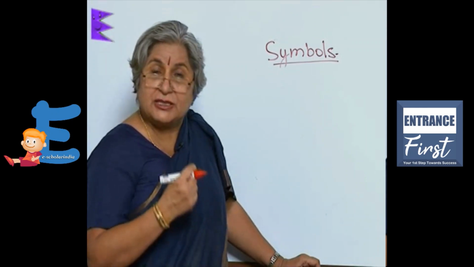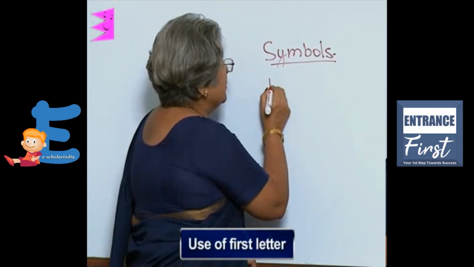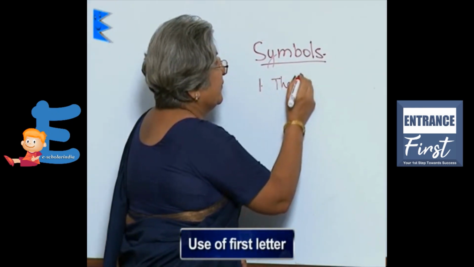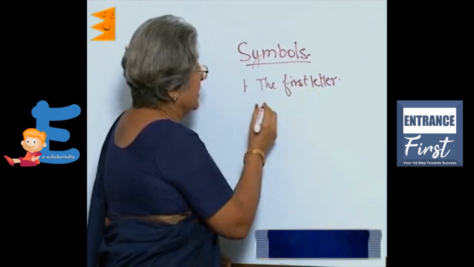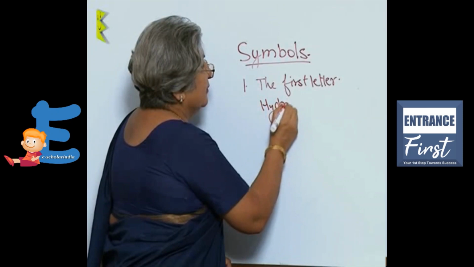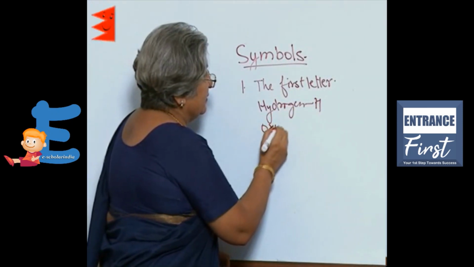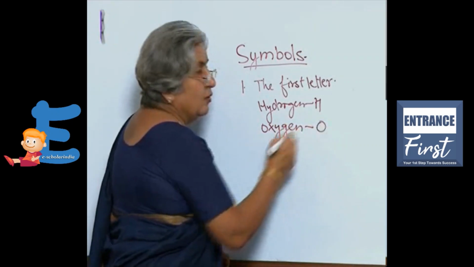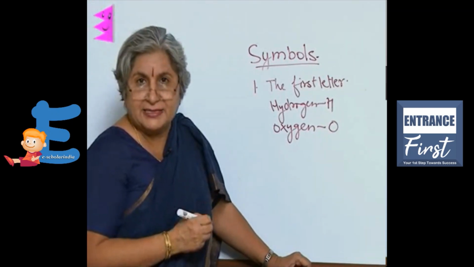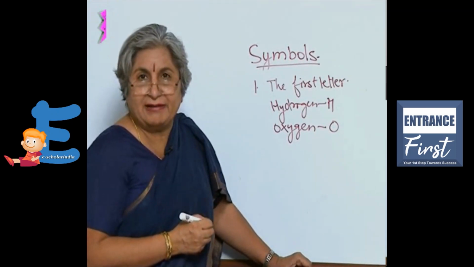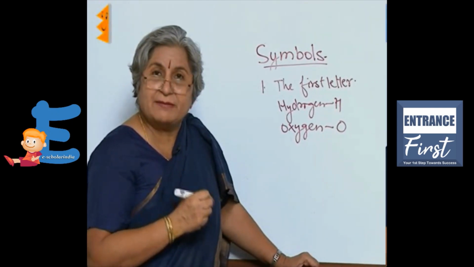Now, for this also there had to be some method. The simplest method was that they used the first letter. So many symbols got devised. For example, hydrogen, obviously H, oxygen, O, nitrogen, N, phosphorus, P, sulfur, S. After some time they realized that there are some elements which start with the same letter.